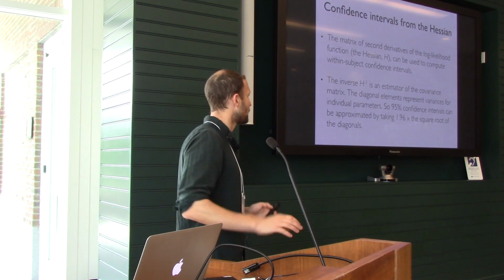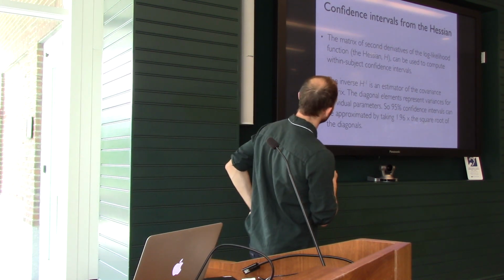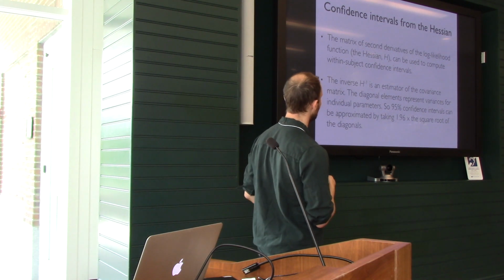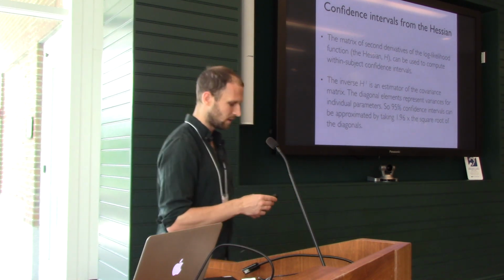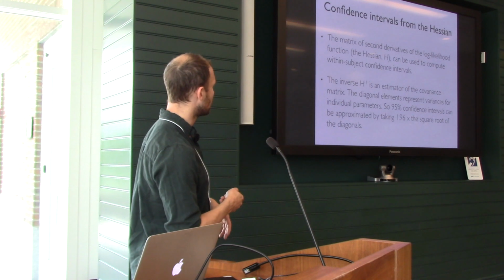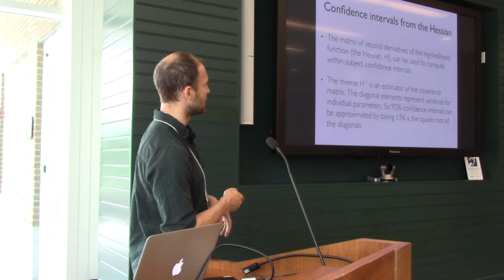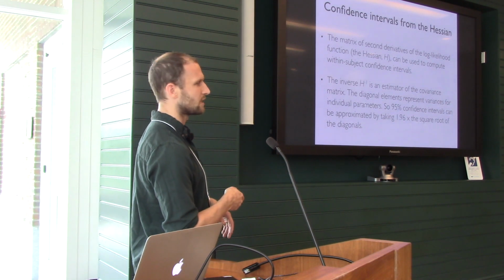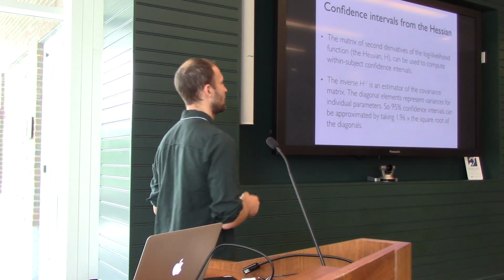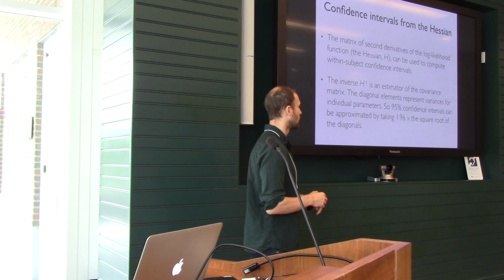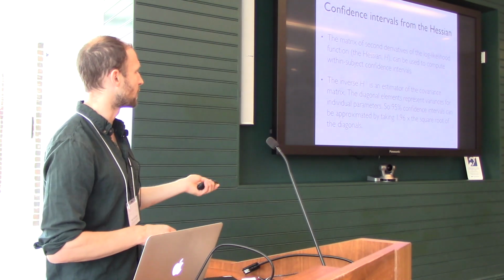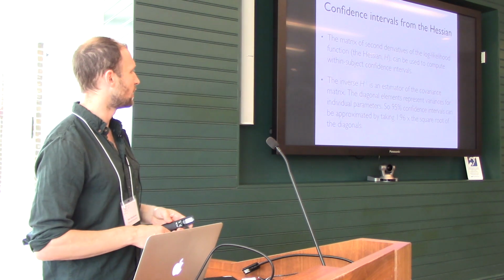And I'm not going to go into the mathematical details, but basically you can take that Hessian and compute within subject confidence intervals. And in particular, the inverse of that Hessian is an estimator of the covariance matrix. So the diagonal elements represent the variances for the individual parameters, and you can get 95% confidence intervals basically by multiplying that by a factor.